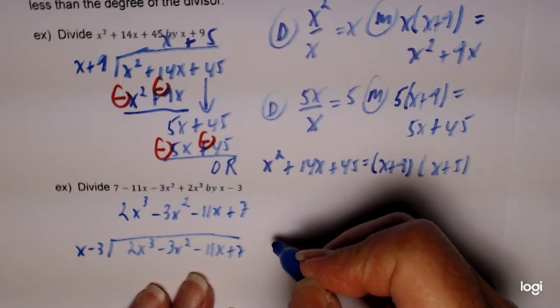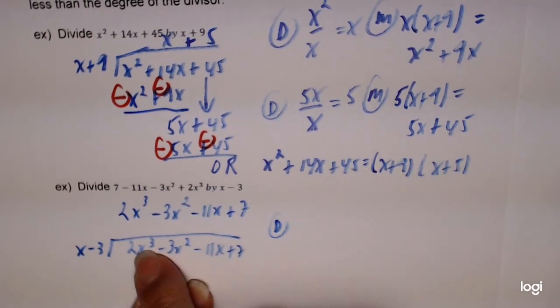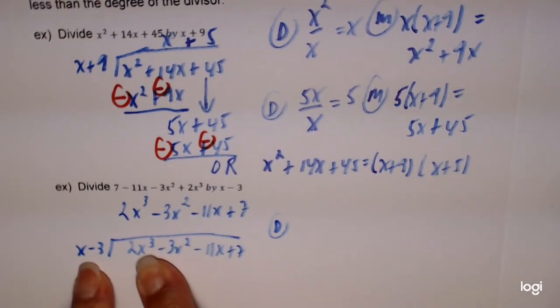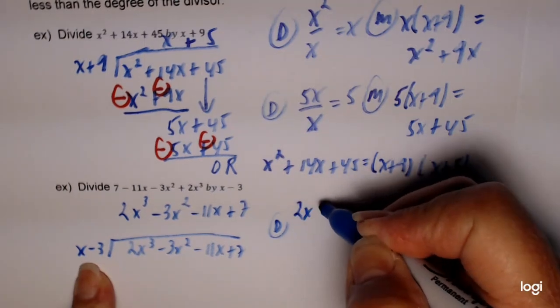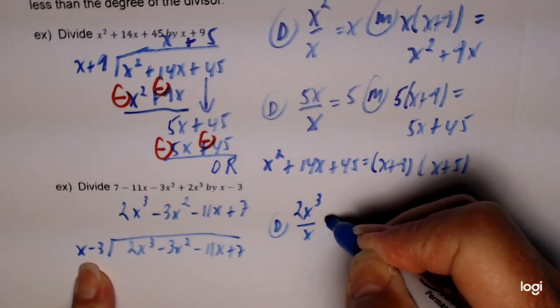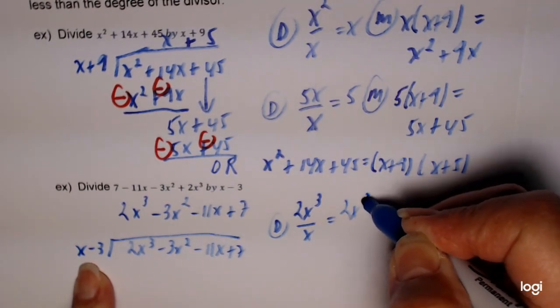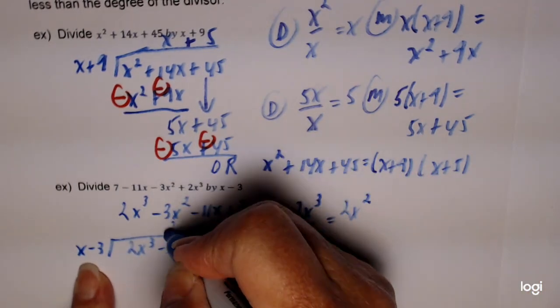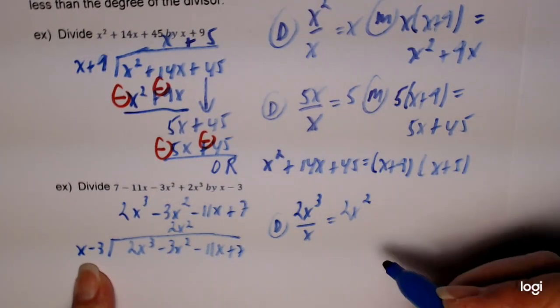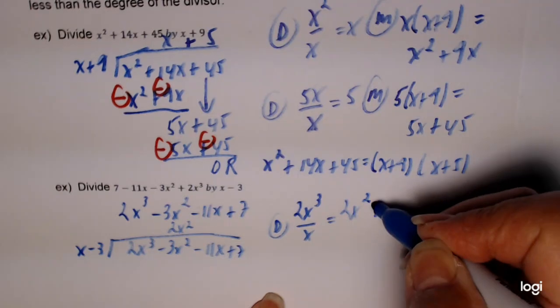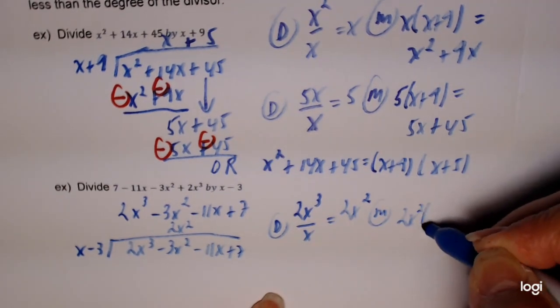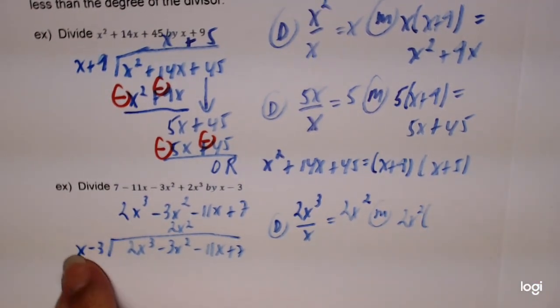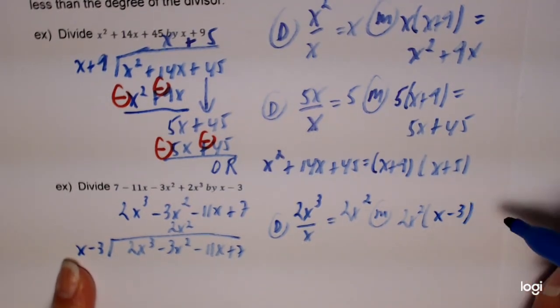So first step always is division. First term by first term. So we have 2x cubed divided by x, which gives us 2x squared. So I'm going to write my 2x squared here. And now for the multiplication, it's 2x squared times this whole divisor, x minus 3.